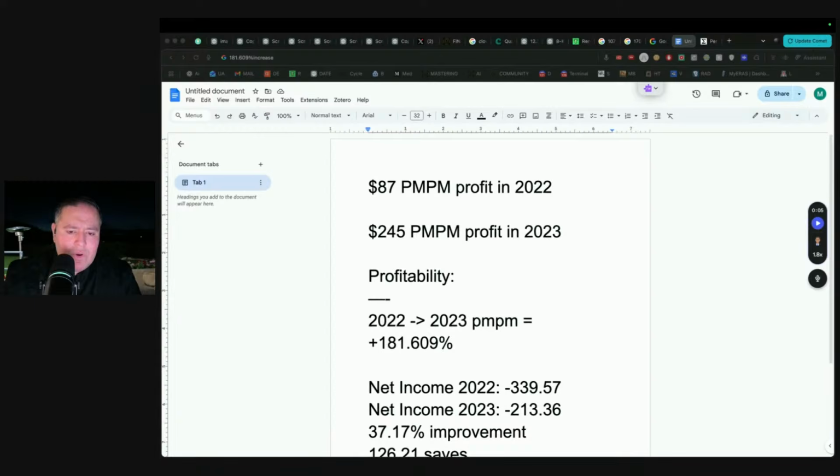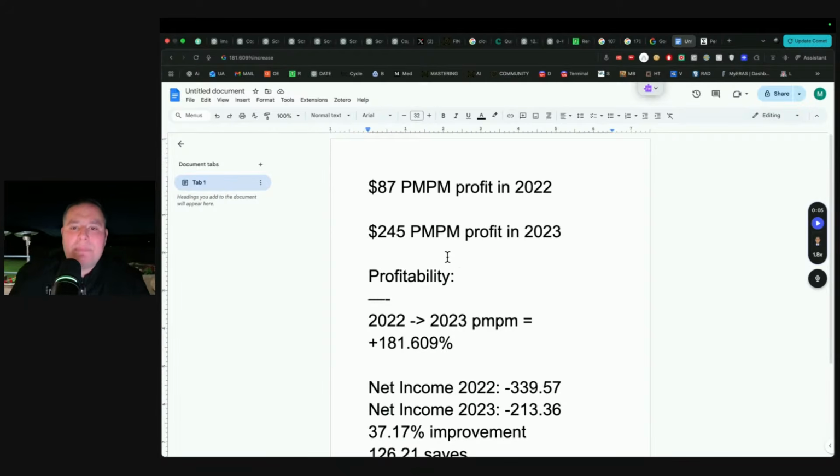So you go in and turn that into a million. You have to remember how many members they had at the time per member per month. So let me do the math again: 245 minus 87. So they improved by 158.